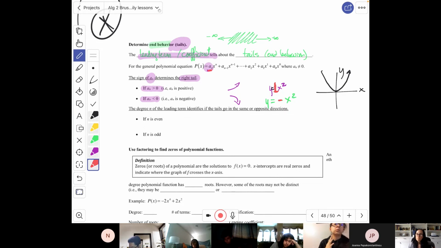A reflection across the x-axis. So we know that this quadratic function's graph is going to open down. And that makes sense, right? Because the right tail should go down if this is a negative number. Does that make sense?